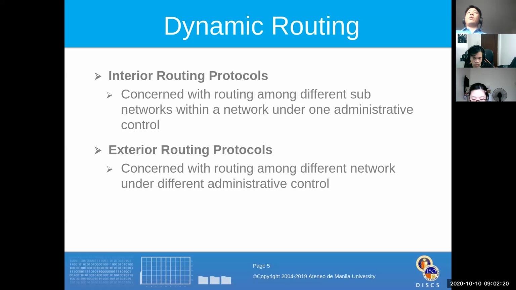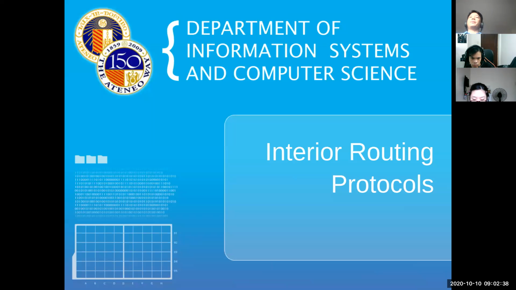That's why we use exterior routing protocols, right? So if it's in one administrative domain, it's called interior routing. So all the routers inside Ateneo, for example, we can use an interior routing protocol. But if the Ateneo router needs to talk to the Converge router, PLDT router, Globe router, that is an exterior routing protocol. Okay, so let's talk about interior routing protocols first because they are relatively simple, right?